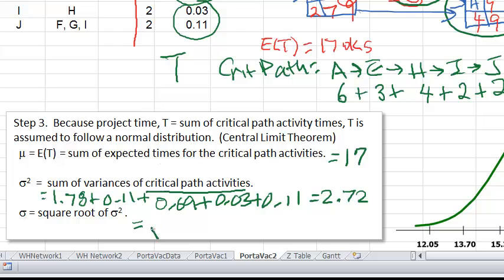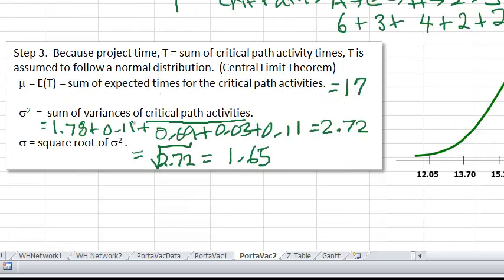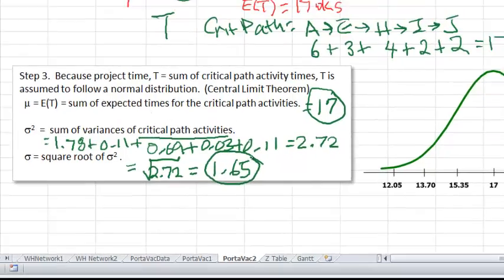So that's going to be square root of 2.72, and that happens to be 1.65. So what we have is that we could say that project time has a normal distribution with a mean of 17 and a standard deviation of 1.65.